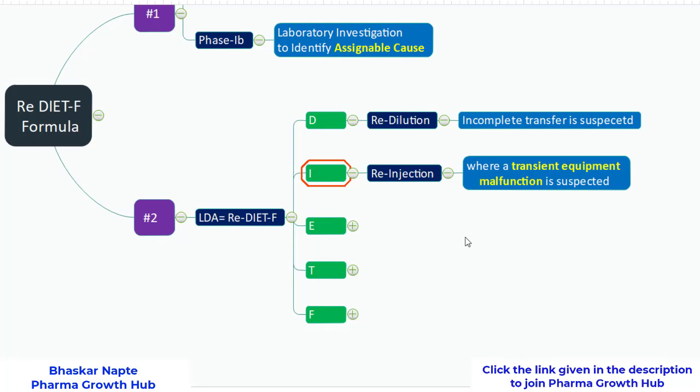If you suspect a transient equipment malfunction, for example, the injected volume was not accurate because of an air bubble present in the syringe. So, in case of such observations, such a hypothesis, you can conduct the re-injection.